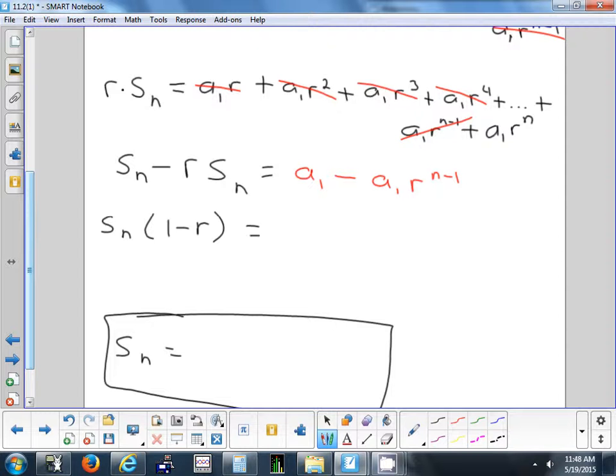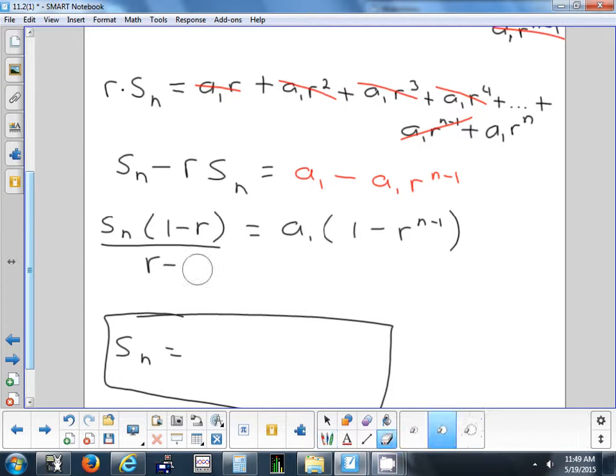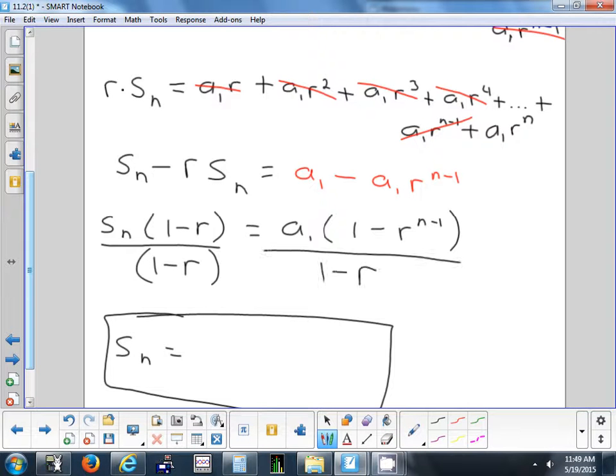Okay, and then factor out a sub 1 from the other side. And now I just about have s sub n by itself. All I got to do is divide each side by 1 minus r. And that's the formula to add up the first n terms in a geometric sequence.